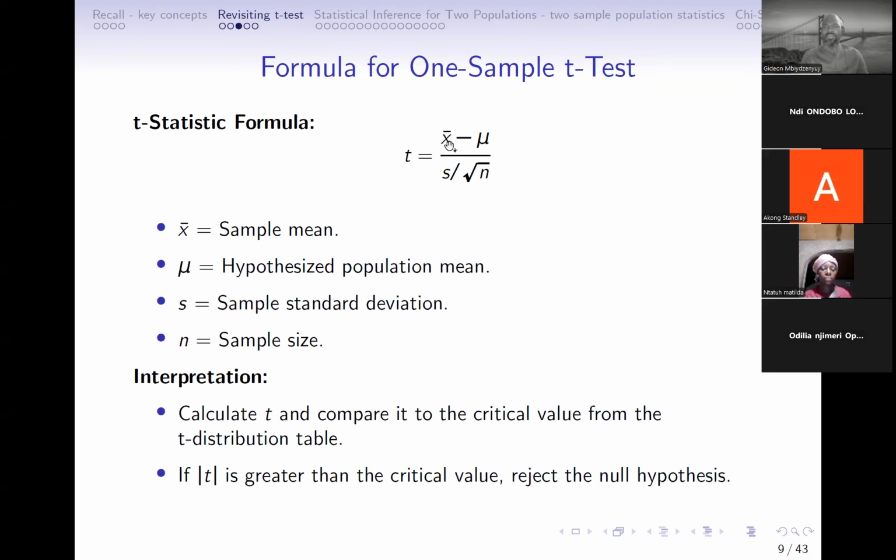In the case of the sample, we are looking at X to refer to the sample. For the population, we are looking at a different letter. In many textbooks, these two symbols are used. X bar represents the mean of a sample. The Greek letter mu is the mean for the population.